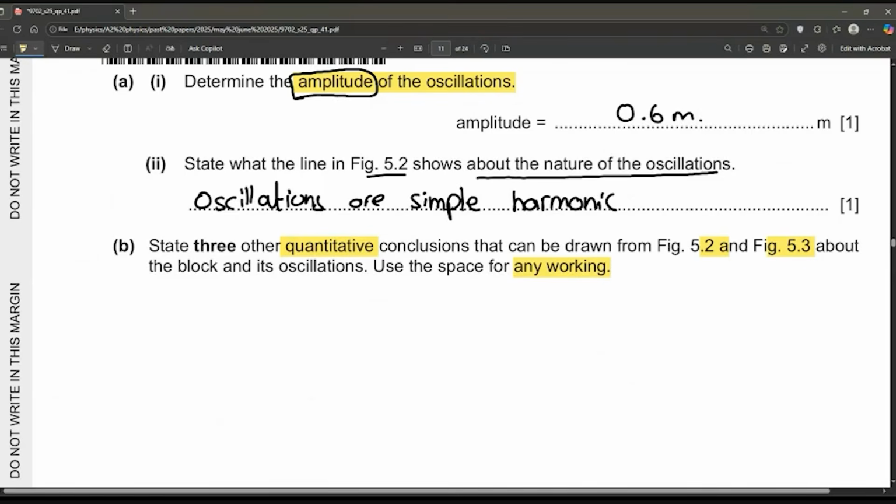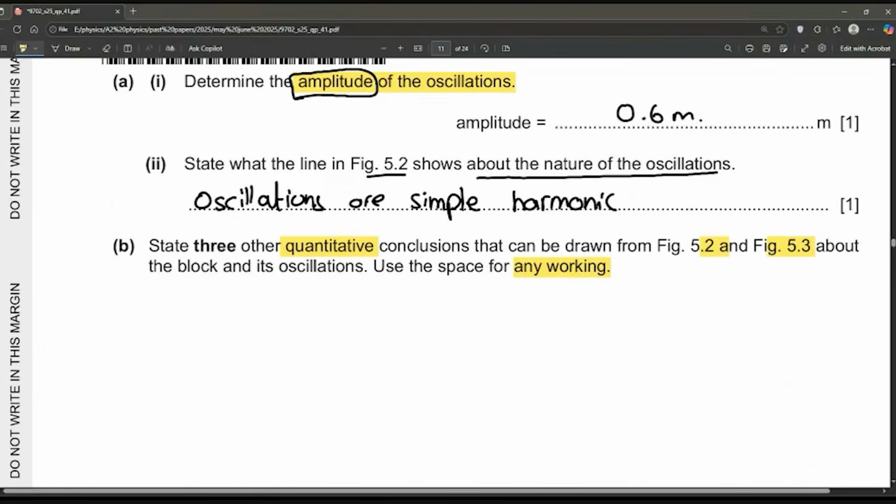You have to tell conclusions that are numerical based. Now, let's understand this a little more.